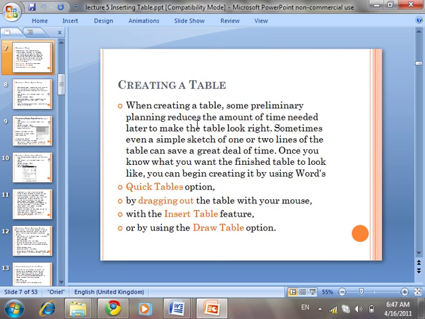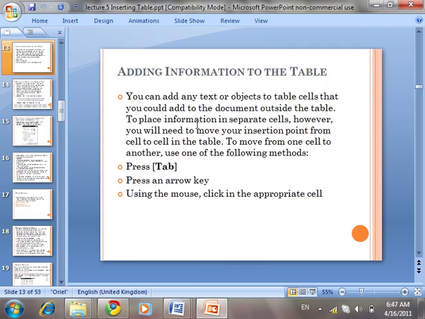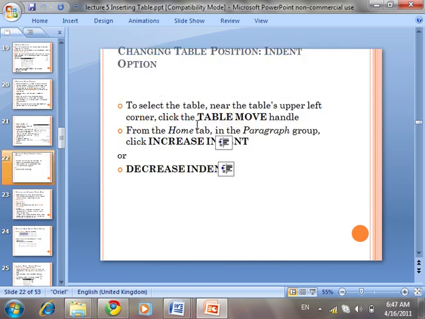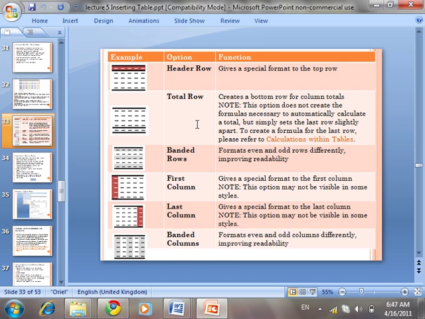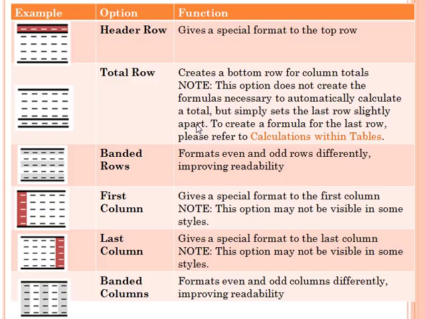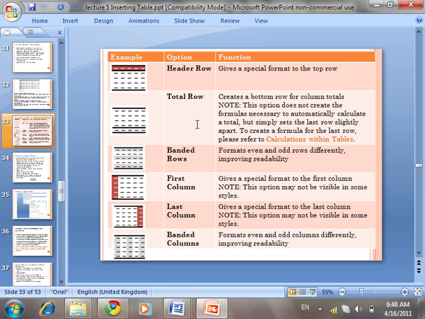Yeah. Here this has been explained, what this stands for. Header row showing, total row, the last one. Banded rows also showing. First column highlighted or not? Last column highlighted, and banded columns also highlighted like this. Clarified? So this has been explained, what this is used for and its utilization.